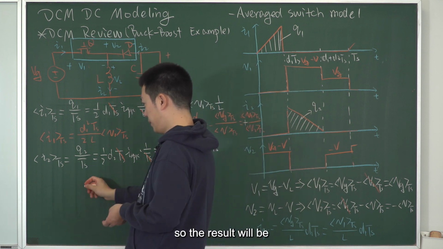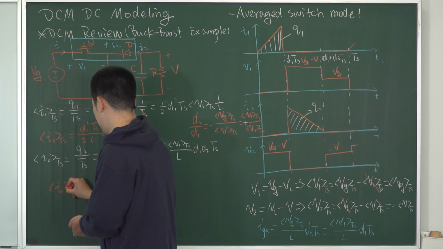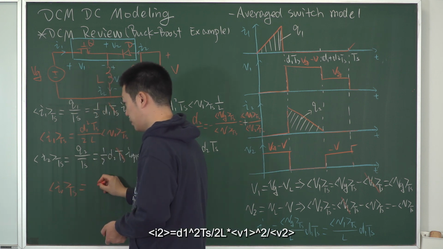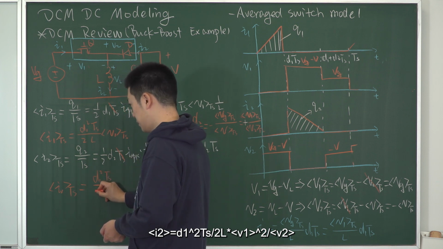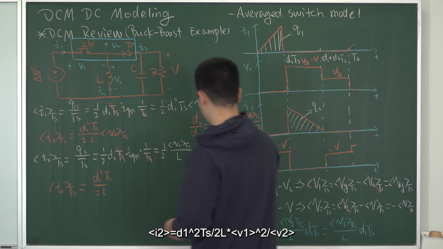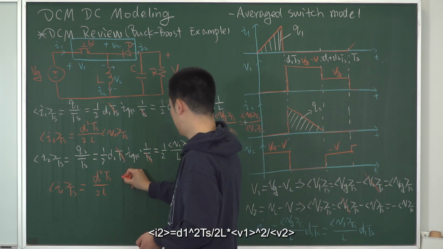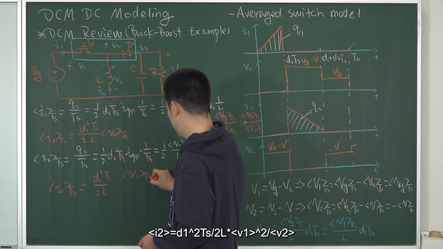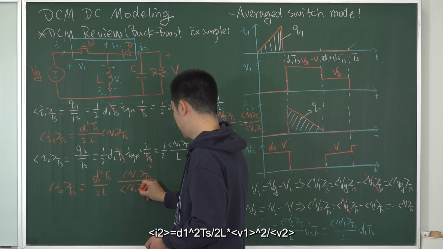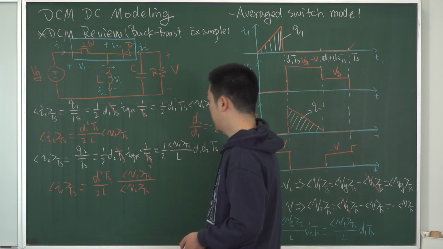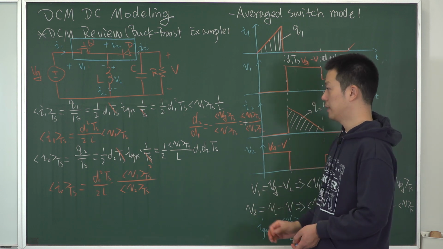The result will be I2 average equals D1 squared TS over 2L times V1 squared divided by V2 average. So those two formulas are the conclusions we made.